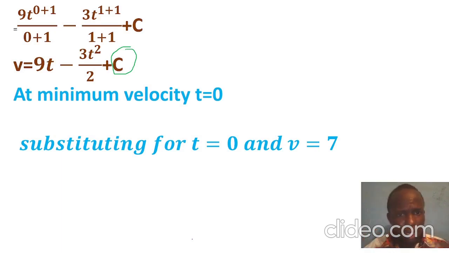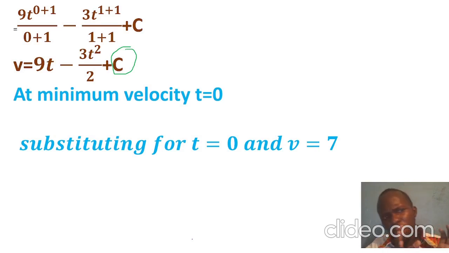We have already been given the initial conditions: the value of t is 0 and the initial velocity is 7 meters per second.